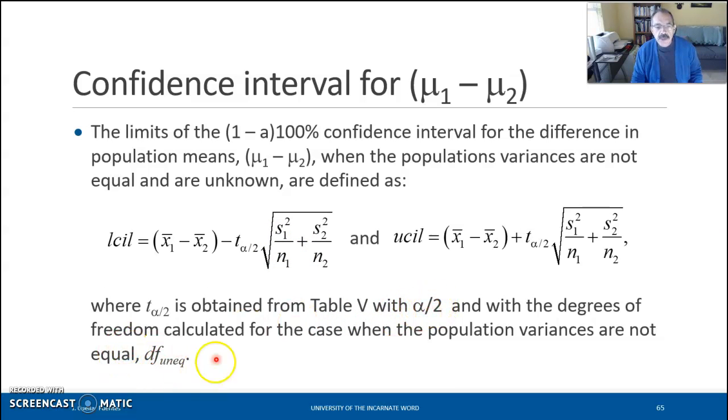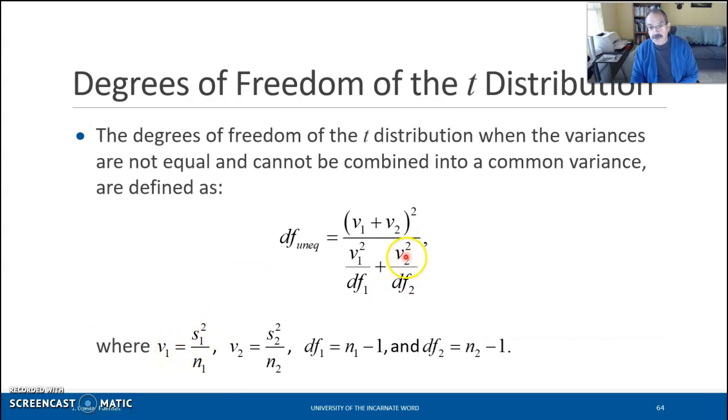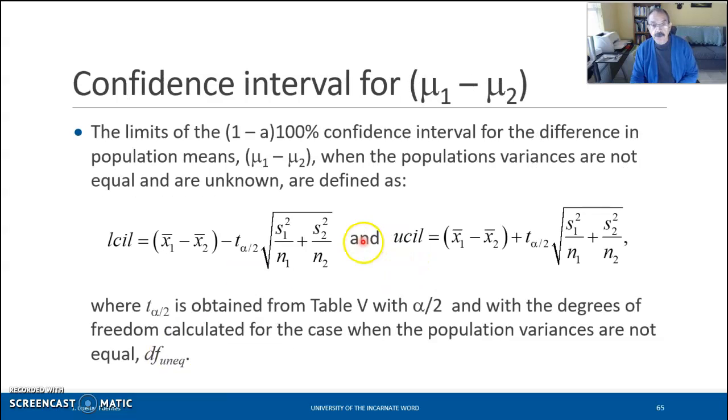But now the degrees of freedom have to be defined by this equation. So that's another difference when we calculate the confidence interval. Other than that, we're going to be pretty much repeating what we did in the previous section when we compared two means with equal variances. And of course, here we're comparing means with unequal variances, and that's why the variances are kept separate.